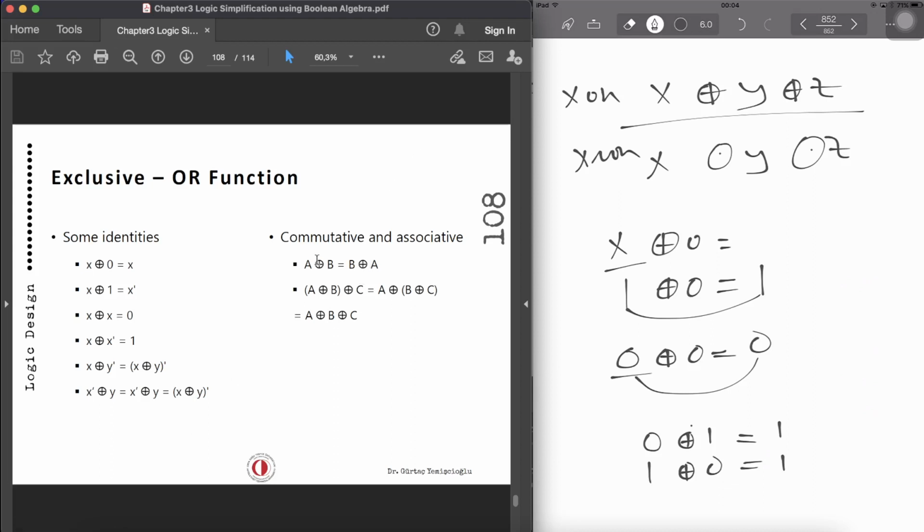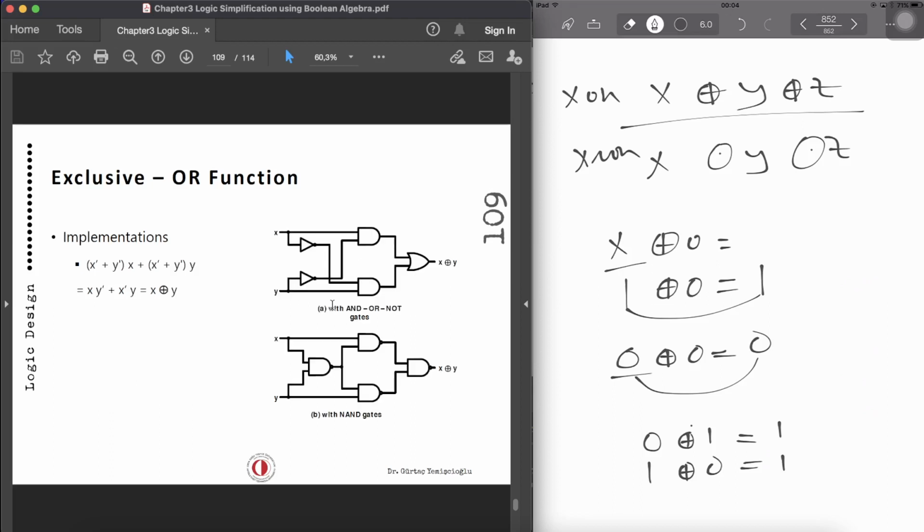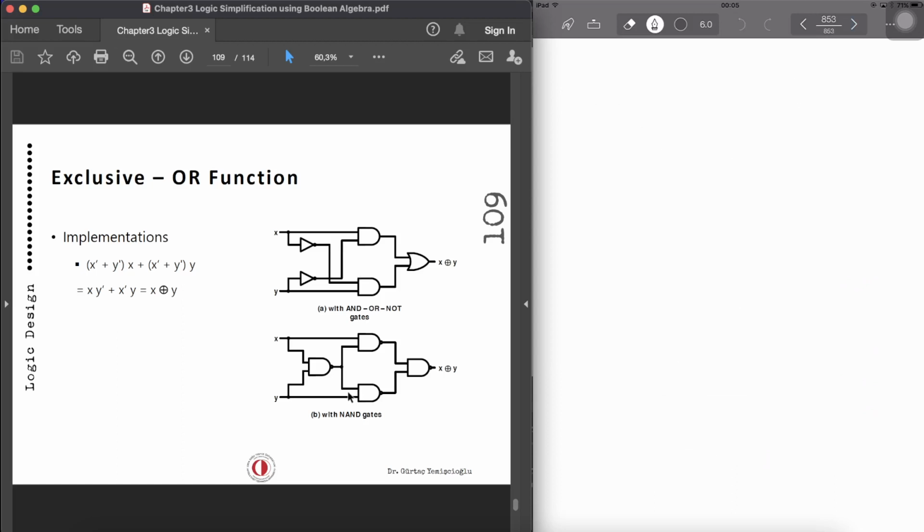XOR is also commutative and associative. Whichever way you write them, you are going to get the same answer. No matter how many inputs you have, you can replace the parentheses and you will still get the same results. And once again, you can use AND or NOT gates to implement it, or you can use NAND gates, because the expression is x prime y or x y prime.